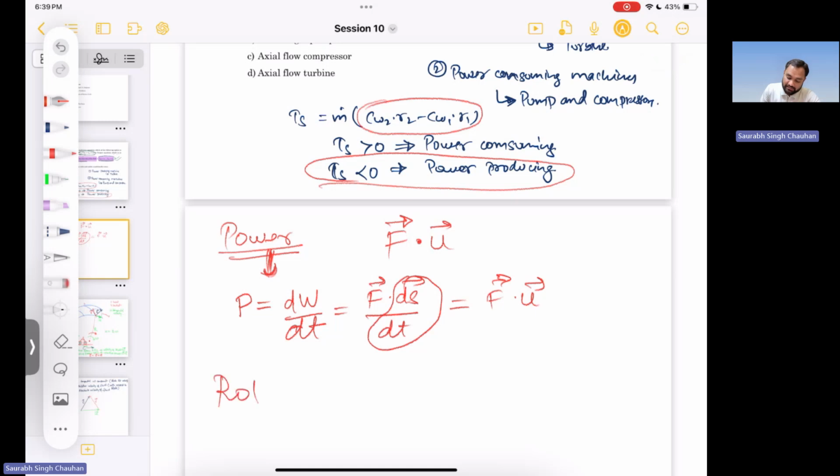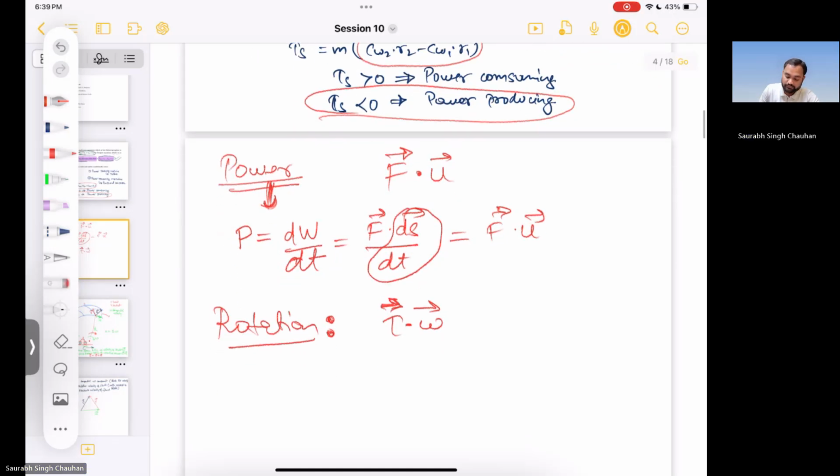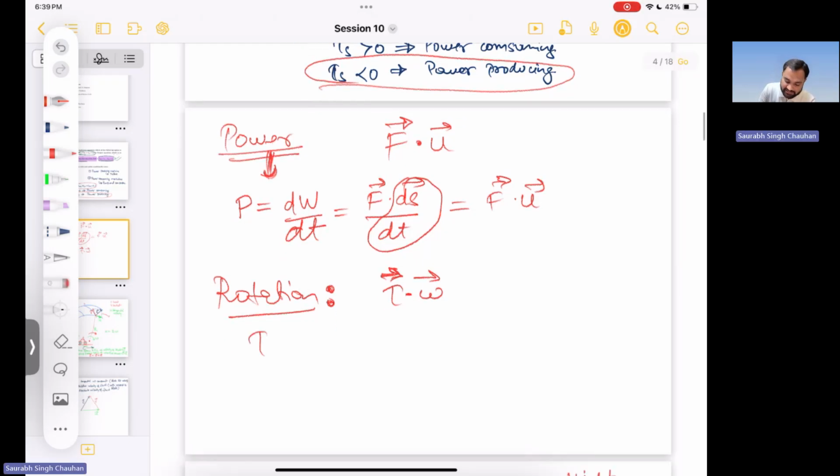And in case of rotation, exactly the same thing. Instead of force, we have torque, and instead of linear velocity, we have angular velocity. So torque is mass flow rate times CW2 R2 minus CW1 R1.